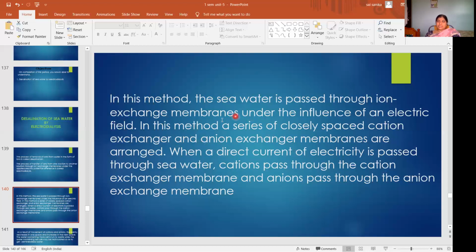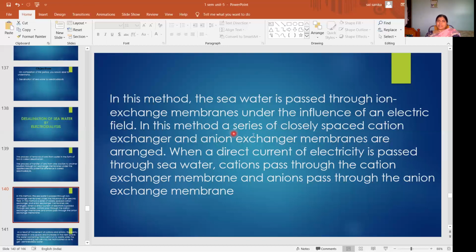Cation exchange membrane is a negatively charged membrane and anion exchange membrane is a positively charged membrane. That's why cations pass through the cation exchange membrane and move to the cathode, and the anions move through the anion exchange membrane to the anode, the positively charged electrode.